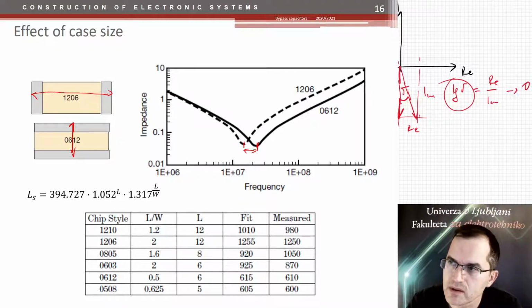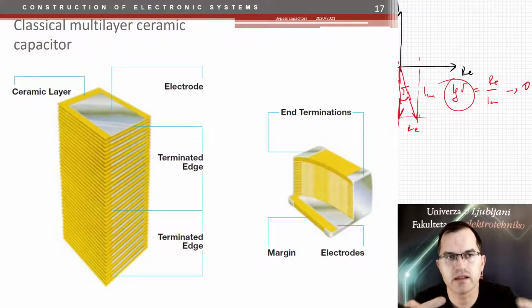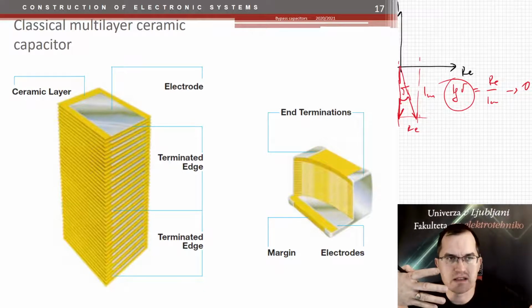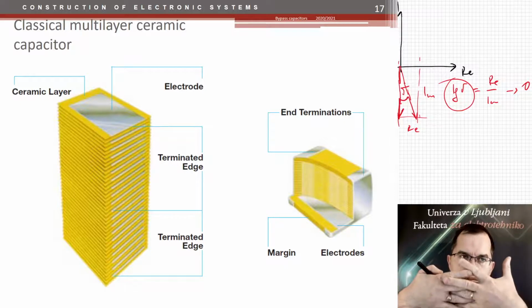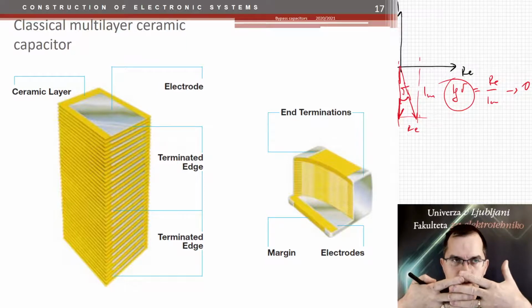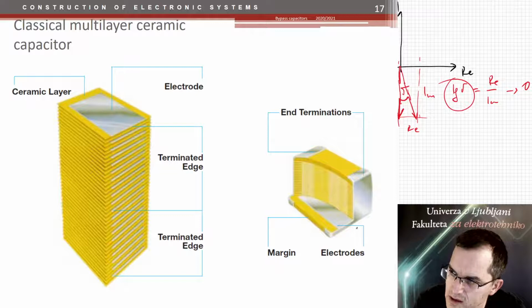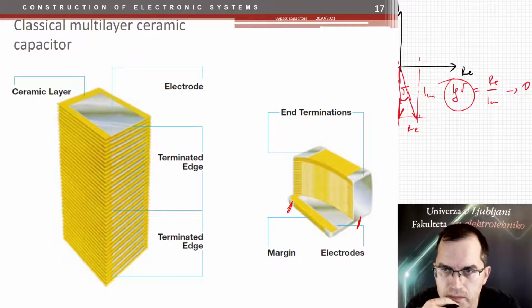What else? Well, classical multilayer ceramic capacitors are made so that the plates are interleaved. Half of the plates are connected from one side, the other half from the other side, and then they are pressed together. So it's like interleaving contacts. Then when they are pressed, you get one contact here and the other there, and all the plates are connected in parallel.